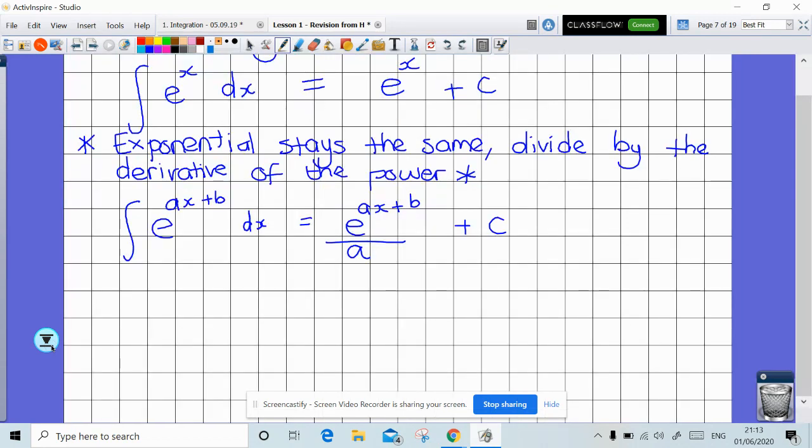Now the next new function is the natural log. Now you cannot actually integrate ln, well you can, but that's maybe in unit 2 and further integration, and we're not going to do that part yet.